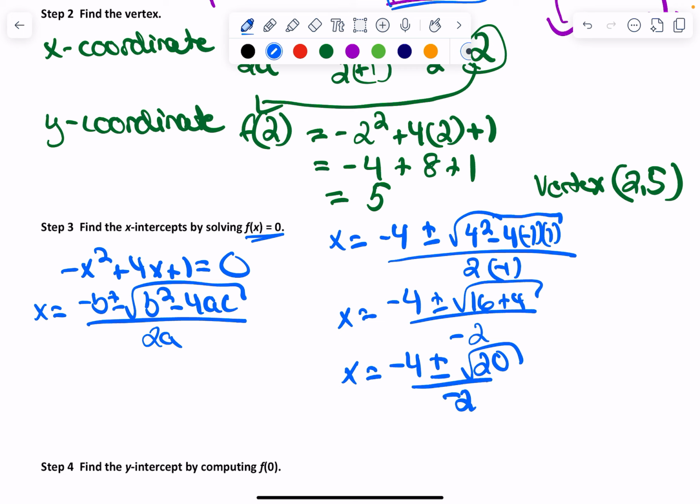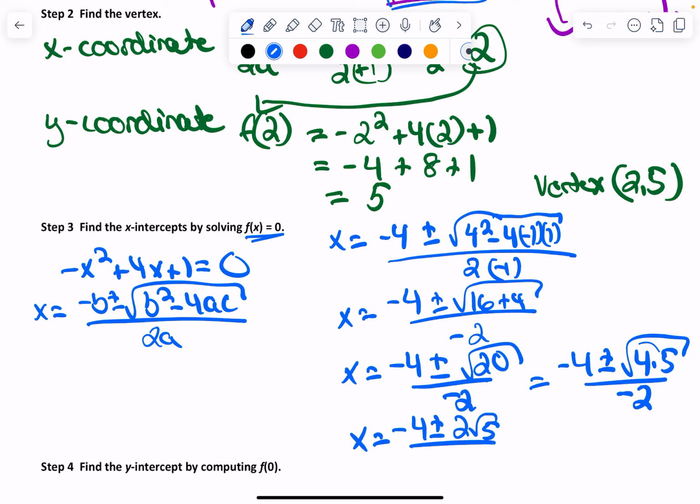Now, what we can do is 20 can be written with a perfect square, 4 times 5. So when we take the square root of 4, that's going to be a 2. So negative 4 plus or minus 2 square root of 5 divided by negative 2. We're going to divide by 2. Negative 4 divided by 2 is negative 2.